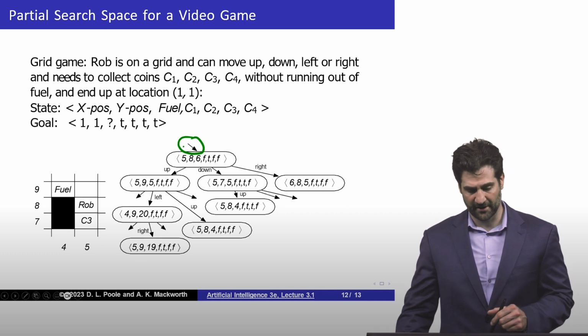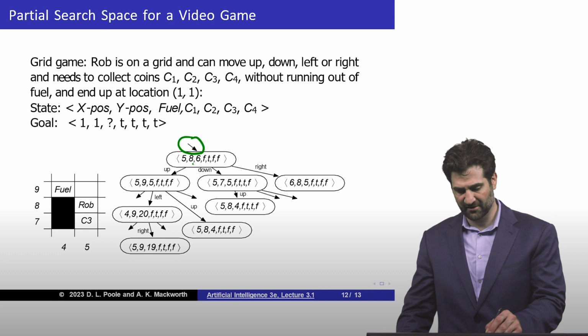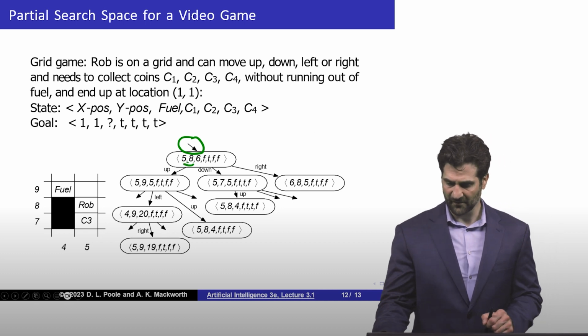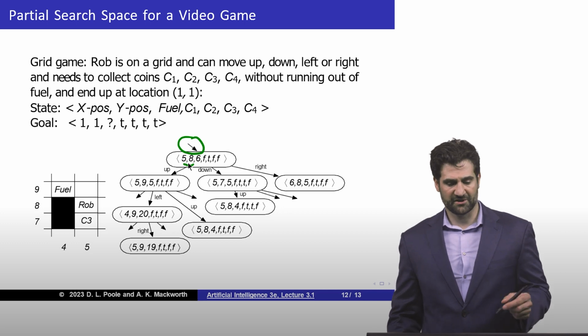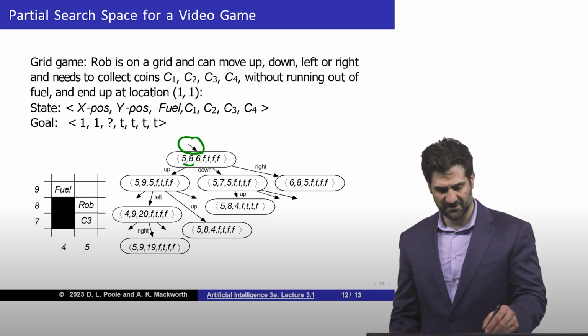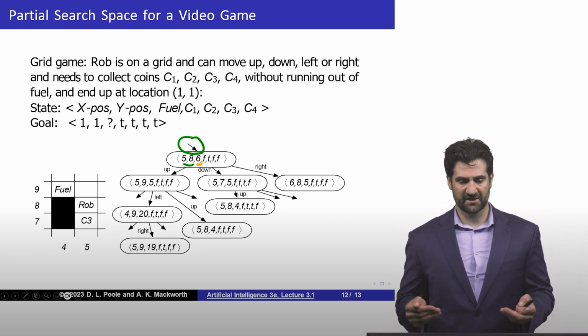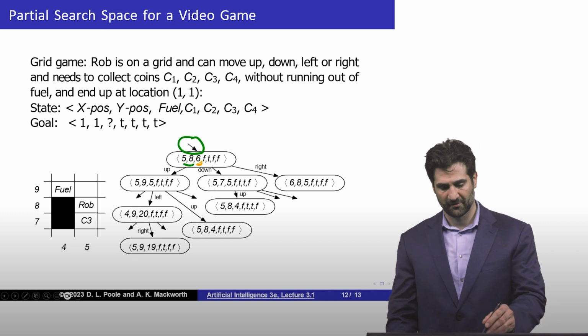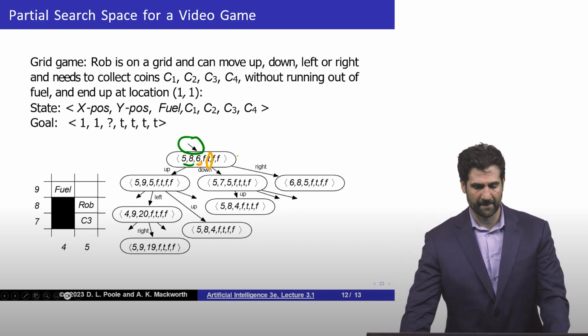So notice Rob is at location 5-8, and here is 5-8. The next thing is the initial fuel, which I guess is just assumed to be 6. So Rob has fuel of 6. And in the initial state, we're going to say he already has C2. So here C2 is true and the other ones are false.